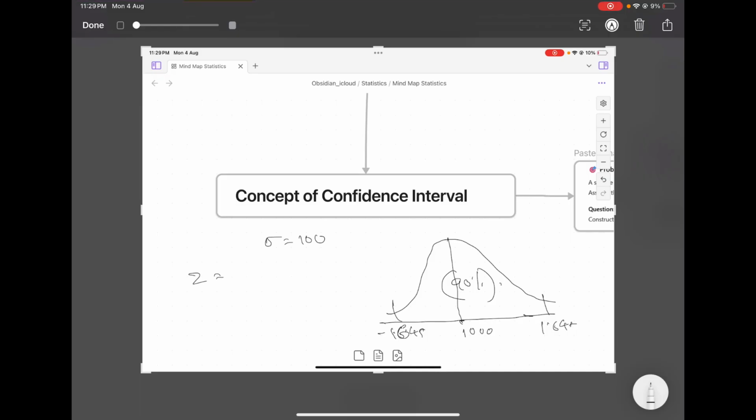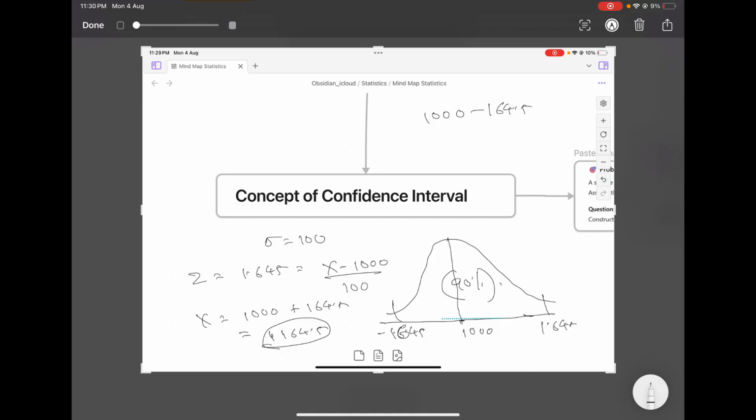So 1.645 is equal to x minus 1000 divided by 100. So x is equal to 1000 plus 164.5, which is 1164.5. And similarly x2 will be 1000 minus 164.5.